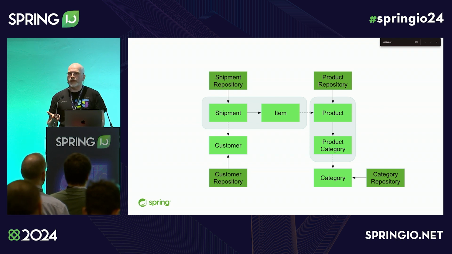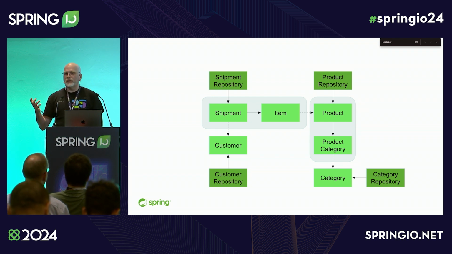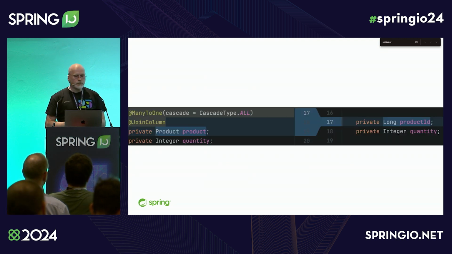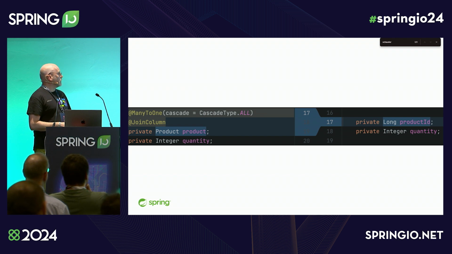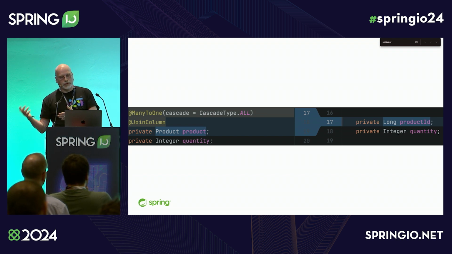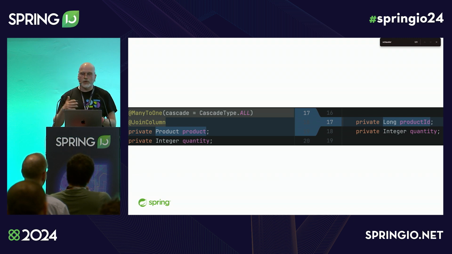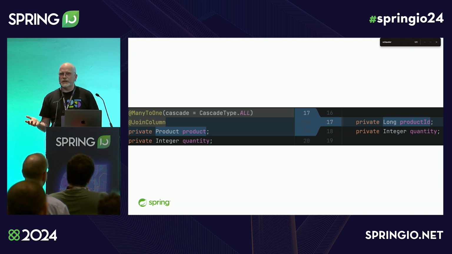They are semantically there, but they are not Java references anymore. Instead of a customer, I'm going to reference a customer ID. So this is exactly what happens for the item that references the product. It now references a product ID.